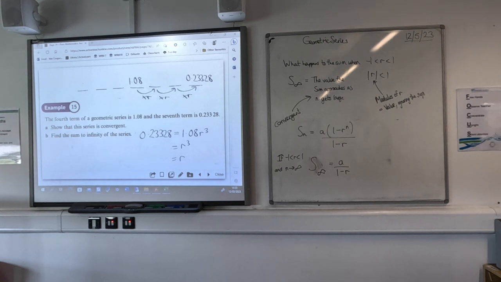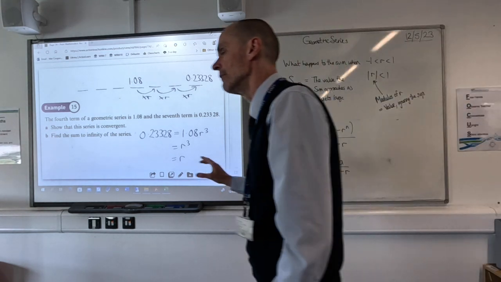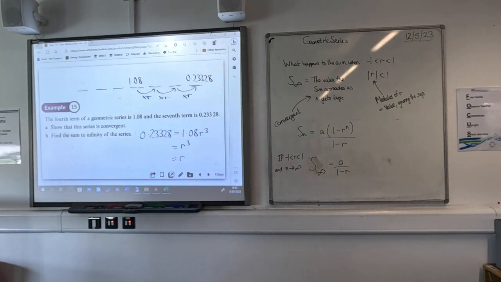So in order to answer A, all you've got to do is to say, right, r is this, which is between -1 and 1, therefore it's convergent. That's all.